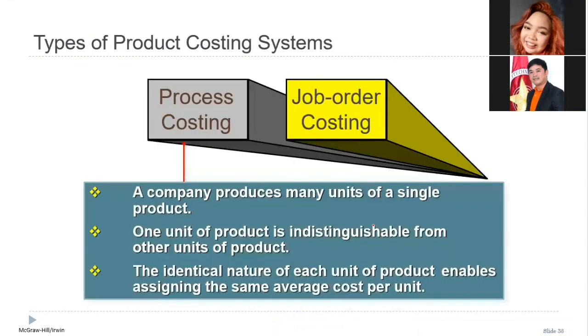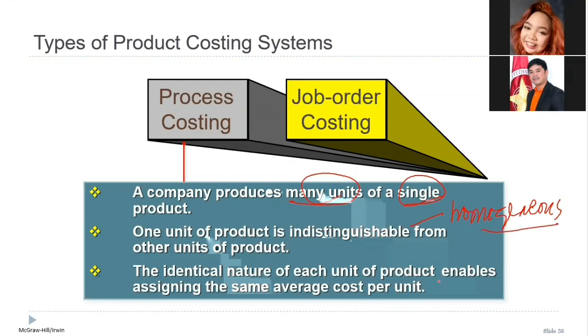And so we have here, the process costing system is actually best used by companies that produce many units of a single product. Nakikita nyo na yung characteristics ng process costing system. And when one unit of output is indistinguishable, or actually homogeneous po yung ginagamit na term sa ibang libro.